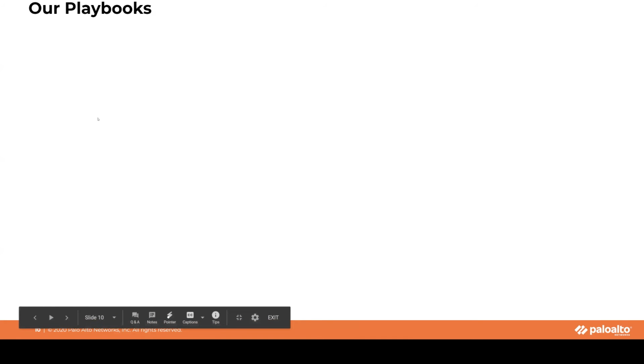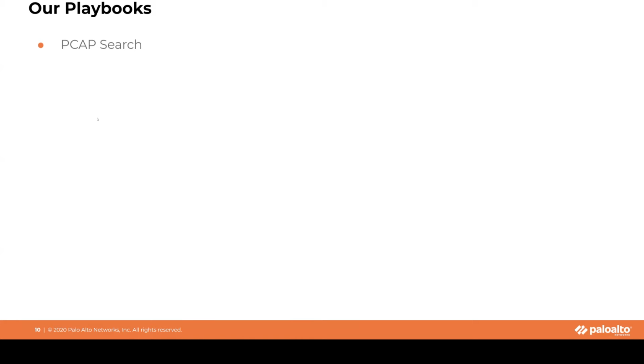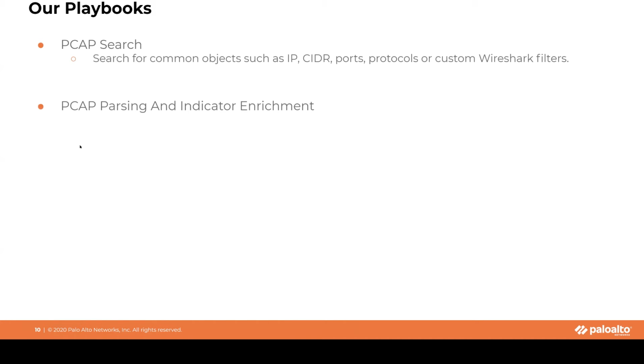For this, we've created several playbooks. First one is pickup search, which allows us to search for common objects, such as IP addresses, CIDR ranges, ports, protocols, or any custom Wireshark filter that you may want to use. And we have pickup parsing and indicator enrichment, which extracts indicators from the pickup file and runs the various threat intel engines that we have on it, and also parses the data just as I demonstrated right now.